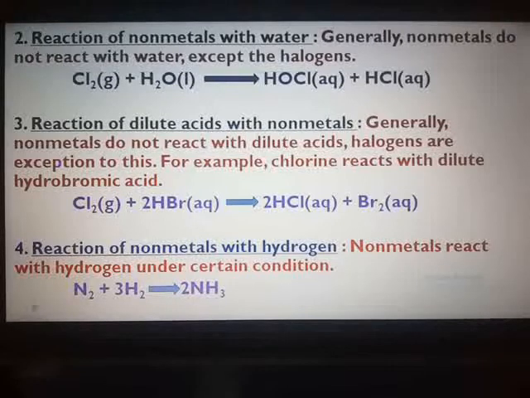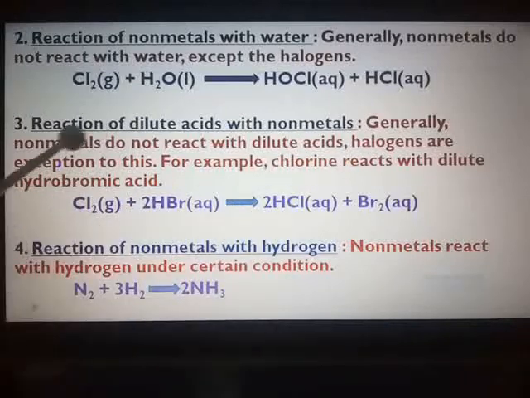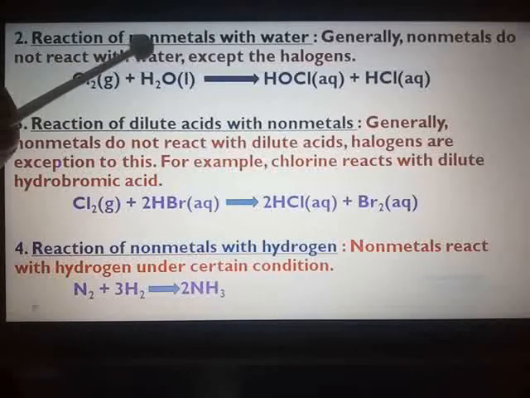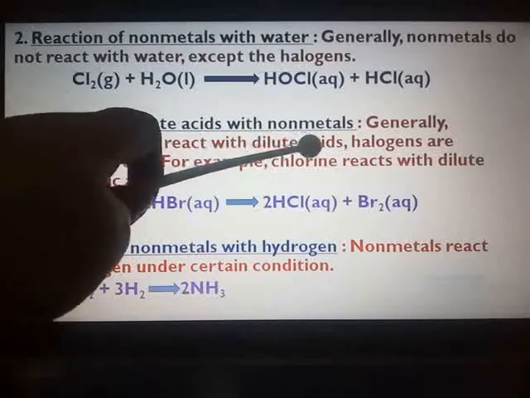Next is reaction of dilute acids with non-metals. You had studied reaction of metals with acids. Now here it is reaction of dilute acids with non-metals. Here also non-metals do not react with dilute acids.